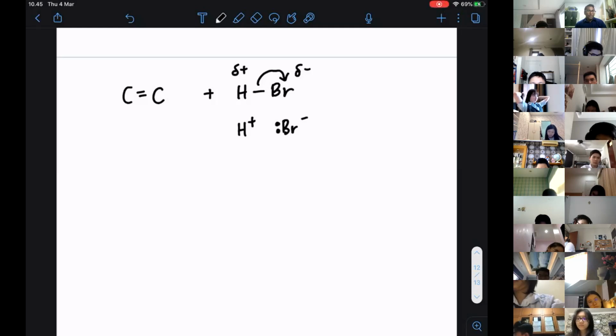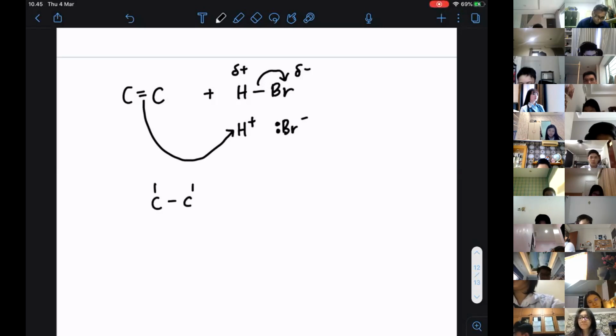What is going to happen next is that the electrophile will attack the double bond, but when you show the curly arrow, be careful, it's showing the movement of the electron. The double bond is going to be broken, so H will come here.